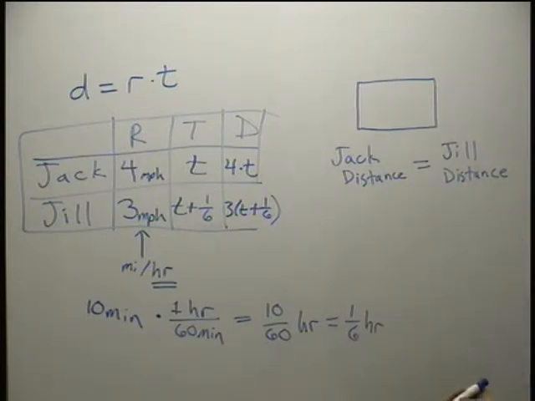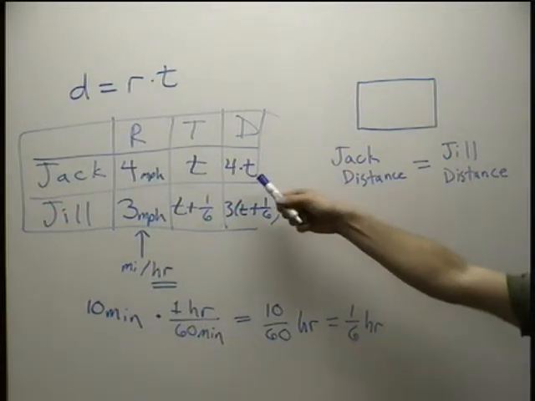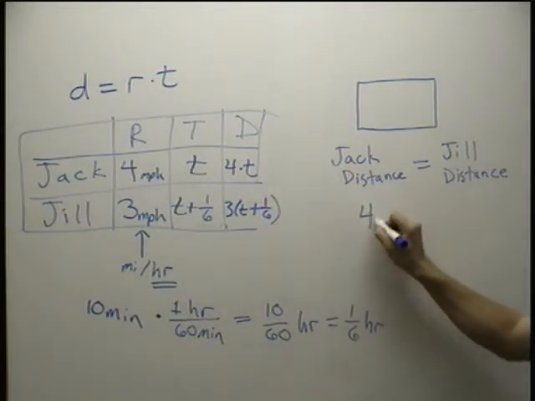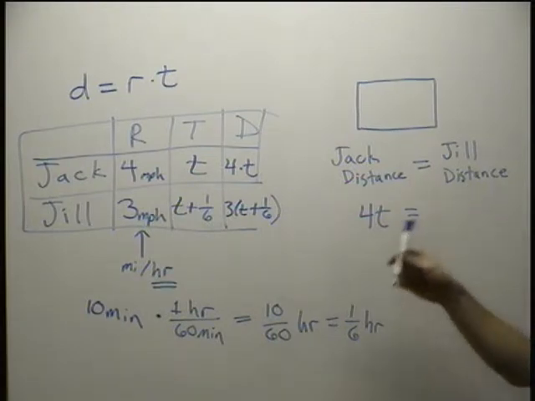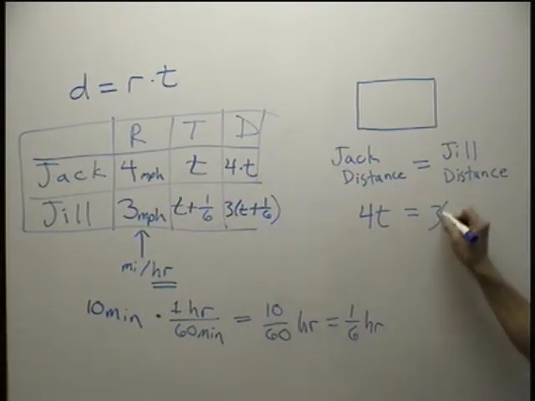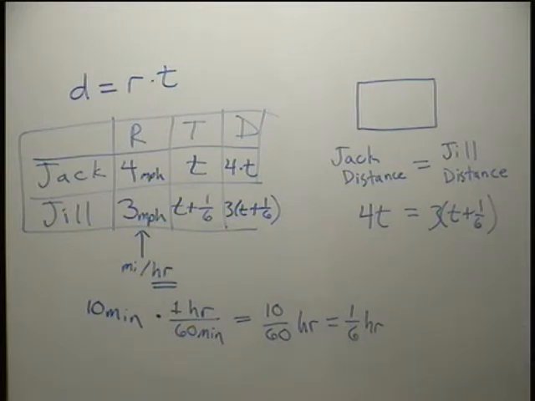This is how we're going to get our equation. Jack's distance is 4t. Jill's distance is 3 times the quantity t plus 1/6. That gives us our equation. We can now solve it using the methods of algebra.